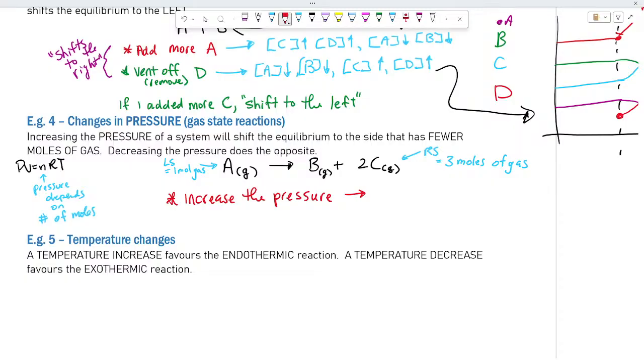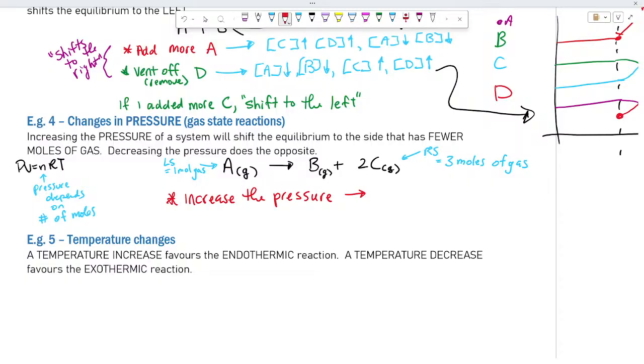Look at the reaction. Think about it for a minute. And say, okay, if the reaction were to shift such that the pressure goes down, if we go to the right, we're using up 1 mole of gas to make 3 moles of gas. In other words, we're increasing the amount of gas, right? A net increase of 2 moles of gas. If I go the other way, I'm using 3 moles of gas to make 1 mole of gas.